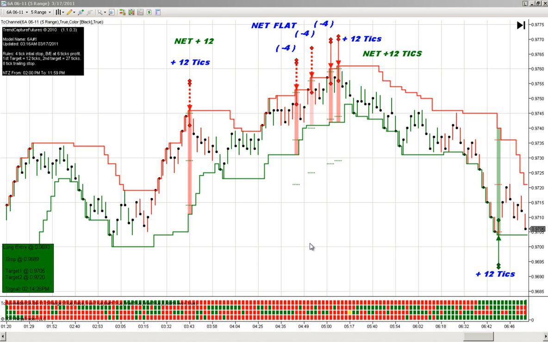Not because it was firmly profitable, which it was, but because it's an excellent demonstration of what the money management rules can do for you. The model on the day netted 48 ticks, and yet you went 50-50.